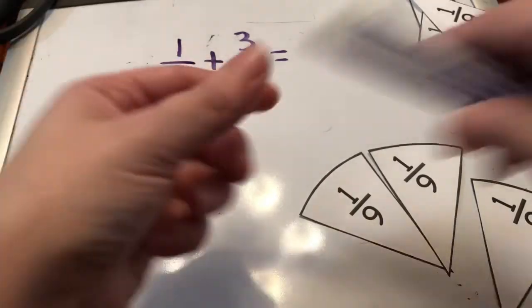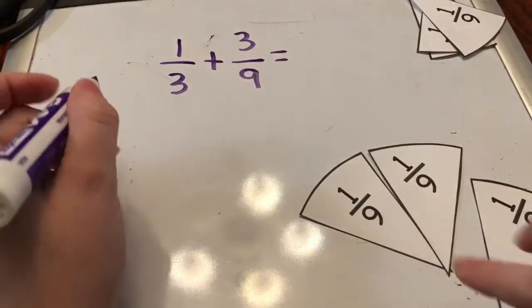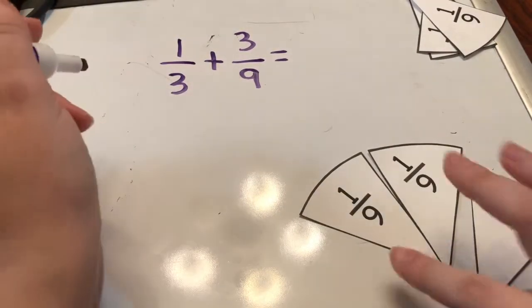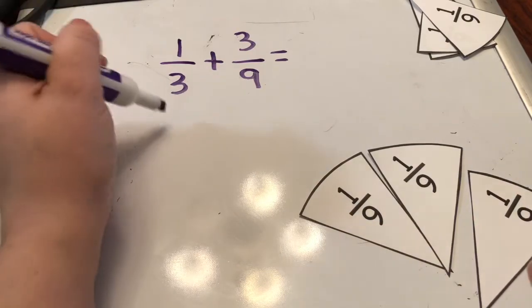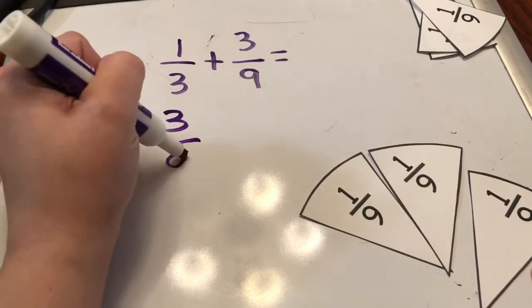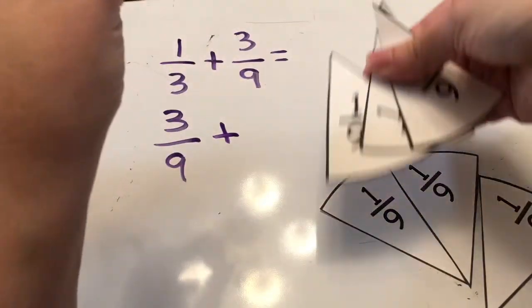So I can go ahead and rewrite my problem. So instead of 1/3 now, we're going to write 3/9 plus our original 3/9.